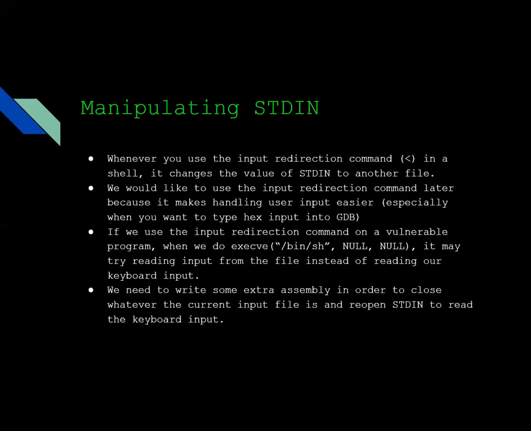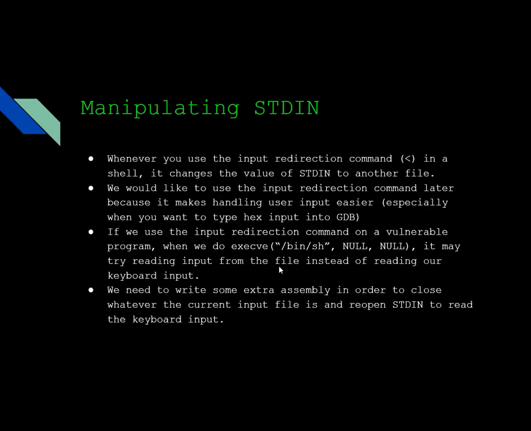So what's going to happen is if we try to use the input redirection command on some vulnerable process, when we do this execve call, it's going to try reading input from that file that we used instead of trying to read from our keyboard.